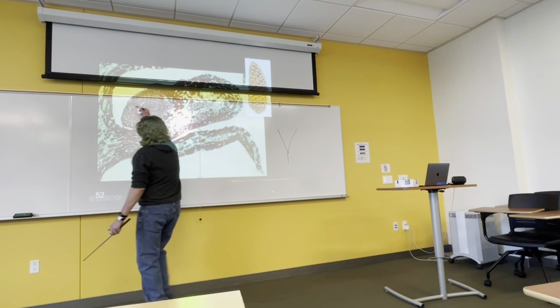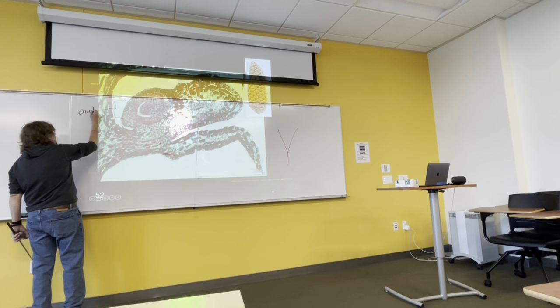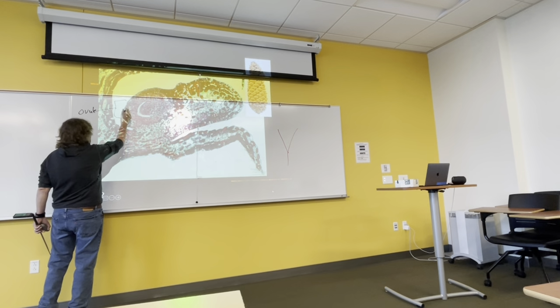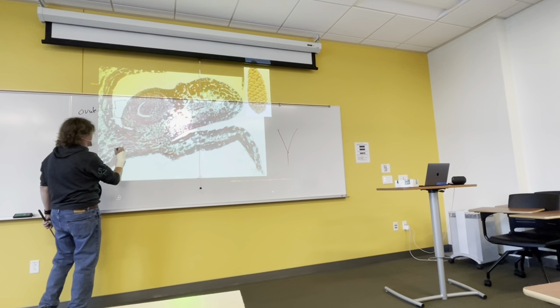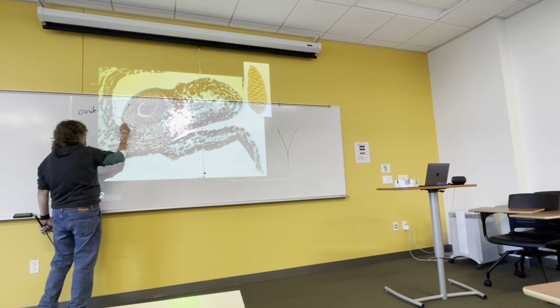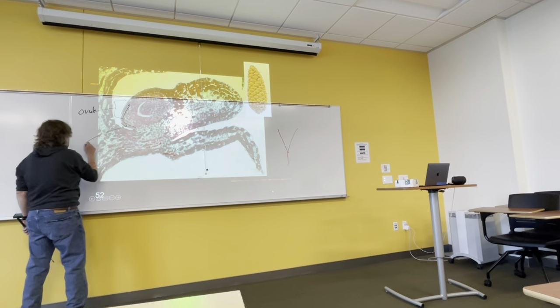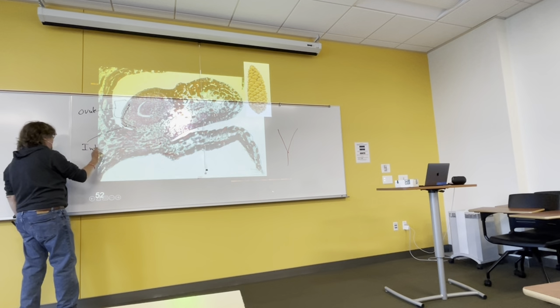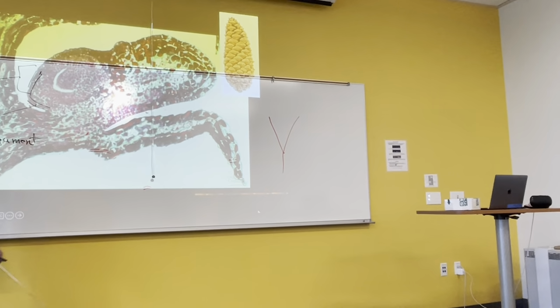So this whole part there is the ovule, and at the very outside of it, I can't write on the wall way up there, it's too bad, but this part right in here is going around the outside all the way around. It's called the integument.